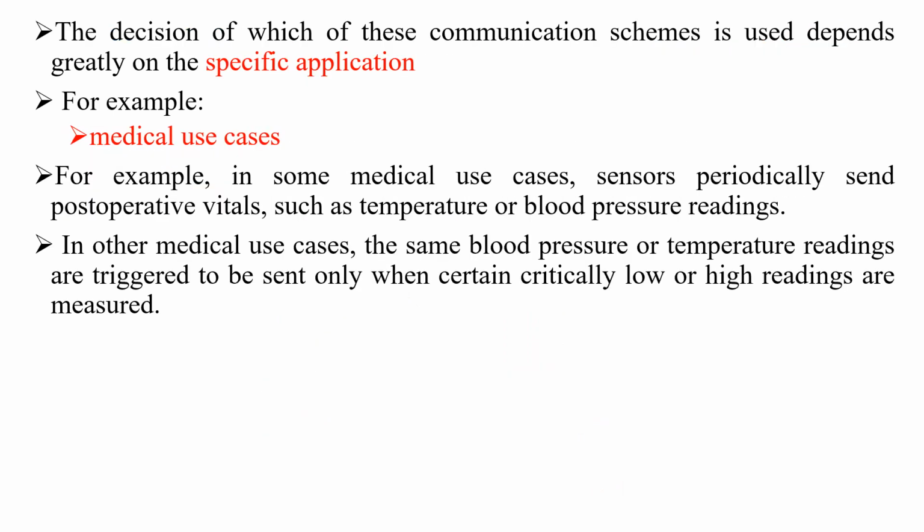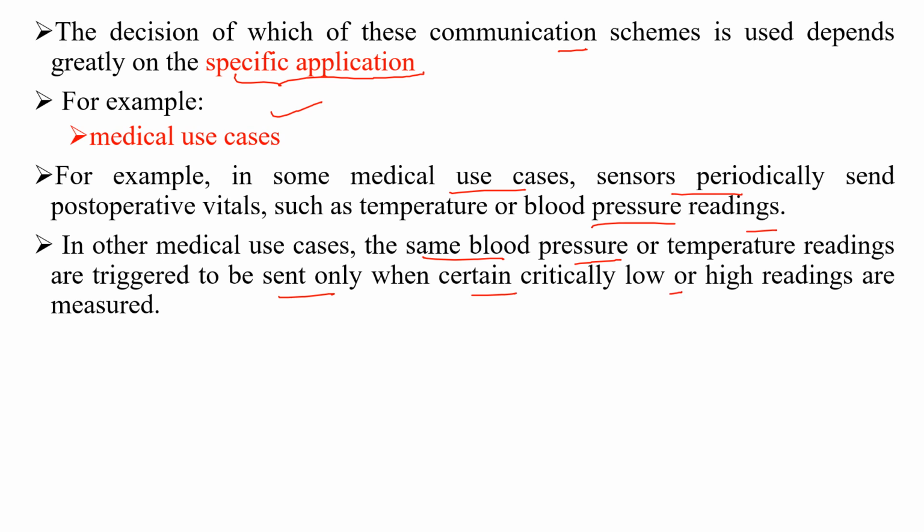The decision of which of these communication schemes is used depends greatly on the specific application. For example, in some medical use cases, sensors periodically send post-operative vitals such as temperature or blood pressure readings, whereas in other medical use cases, the same blood pressure or temperature readings are triggered to be sent only when certain critically low or high readings are measured.